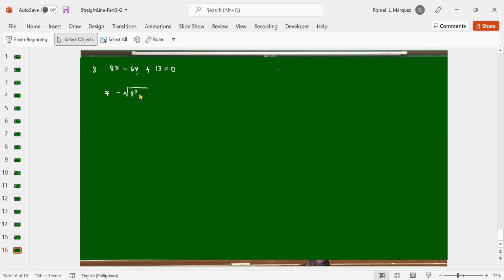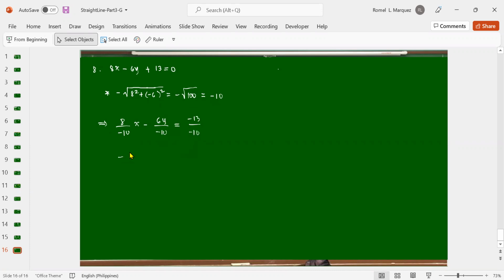So 8 squared plus negative 6 quantity squared, that is equal to negative square root of 100, that is negative 10. So getting 8 over negative 10 x plus negative 6y over negative 10 equals negative 13 over negative 10.